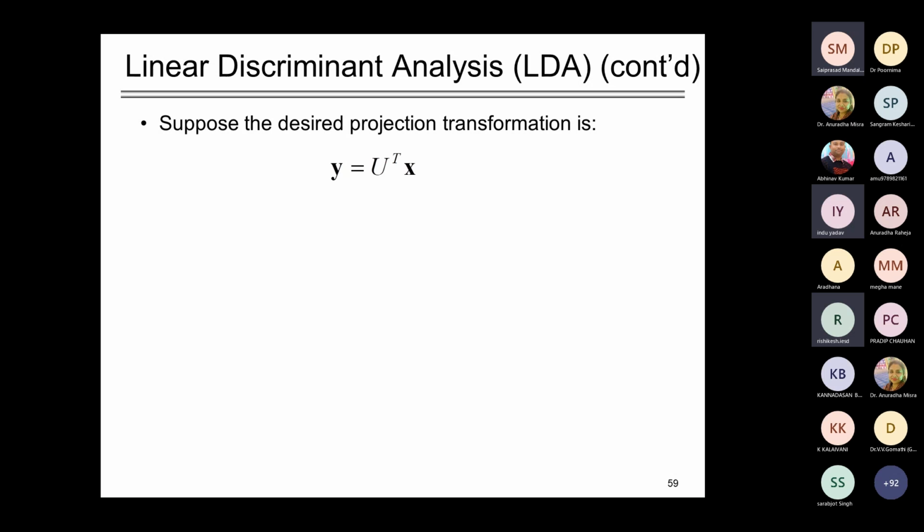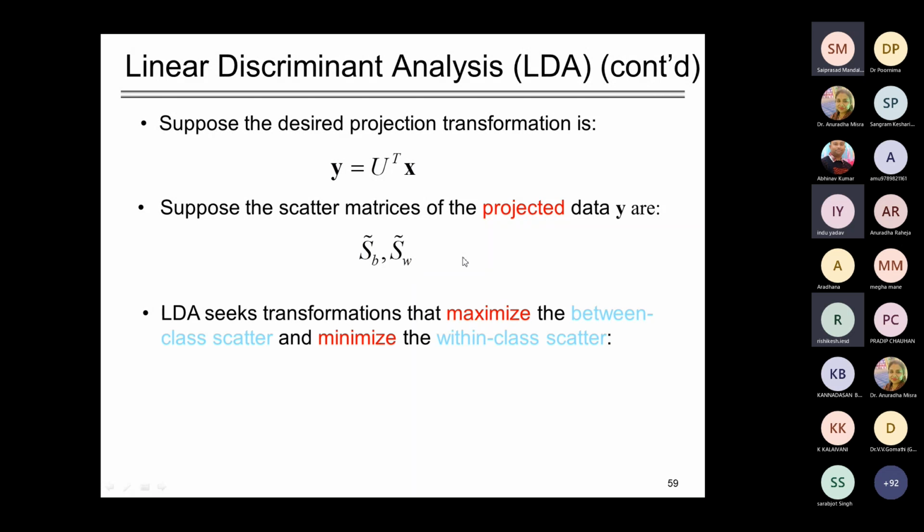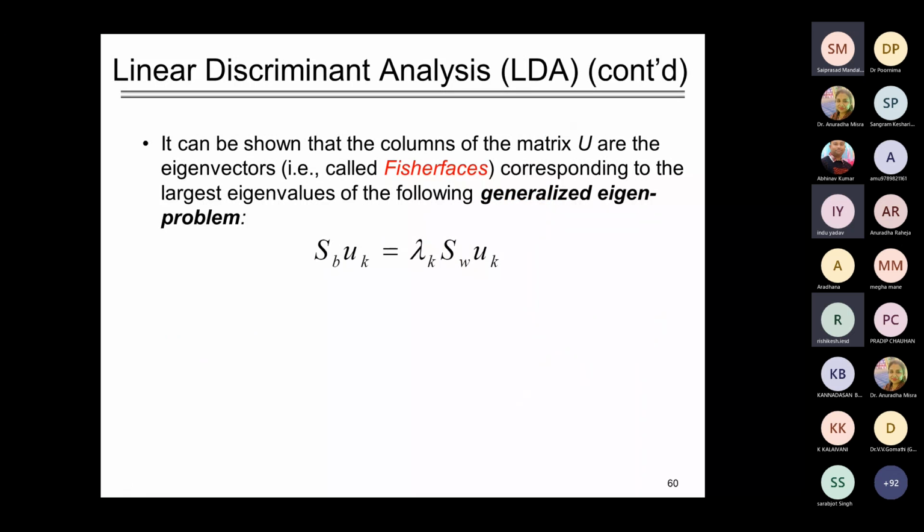Suppose the desired projection transformation is Y equal to U transpose X. Suppose the scatter matrices of the projected data Y are SB hat and SW hat. LDA seeks transformations that maximize the between class scatter and minimize the within class scatter. So maximize the ratio of SB hat upon SW hat.